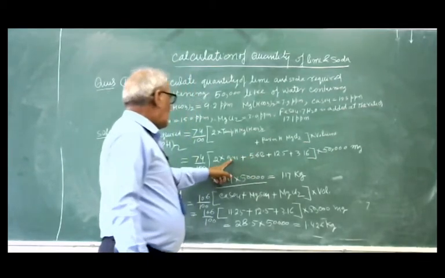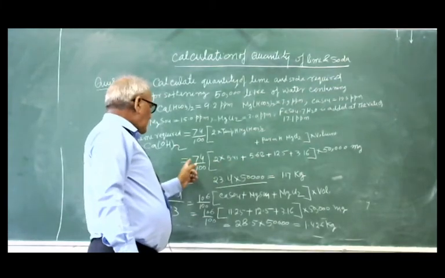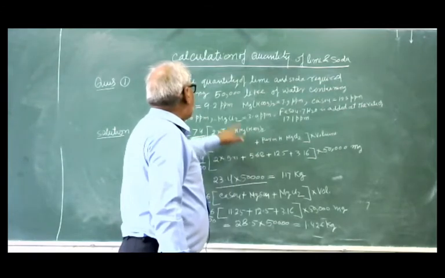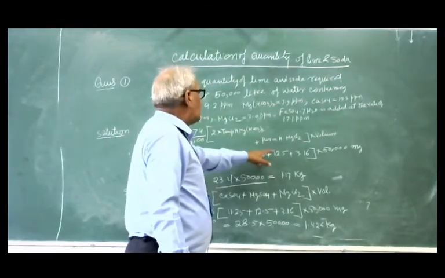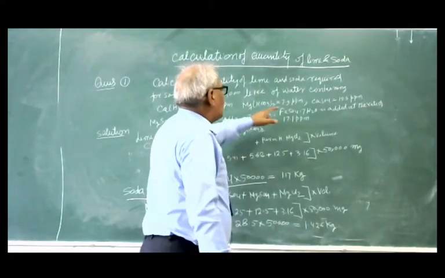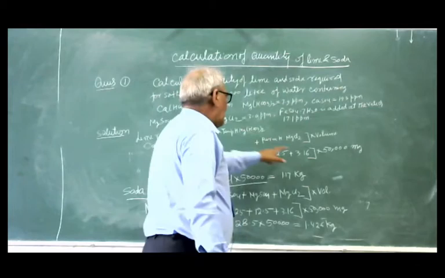So twice this value you will get by applying this formula. This is the hardness created by the calcium bicarbonate. This is due to magnesium sulfate, and this is the magnesium chloride.